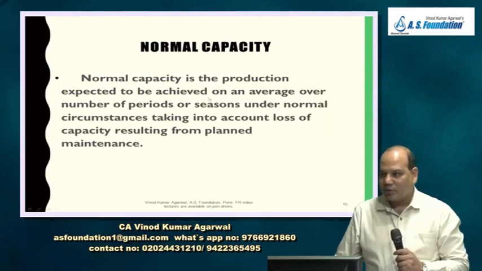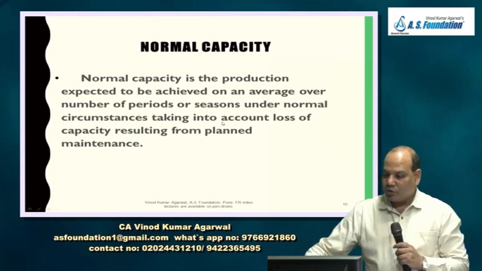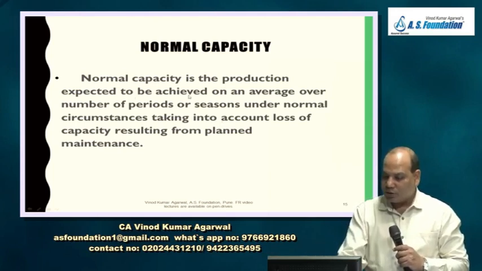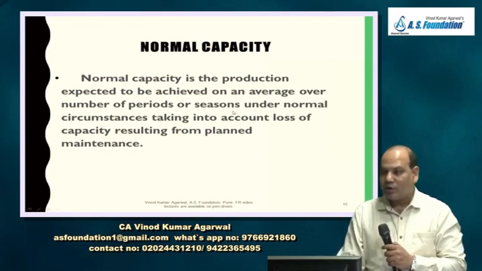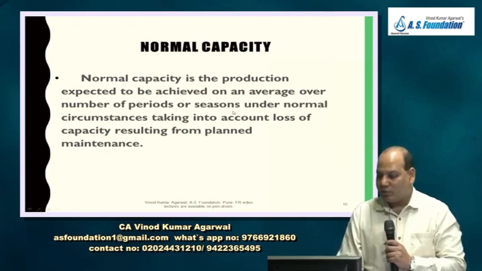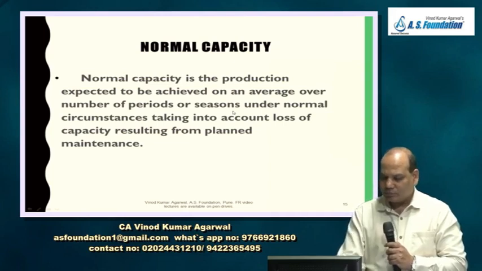Is it maximum capacity? No. Then what is normal capacity? Normal capacity is the production expected to be achieved on an average over a number of periods or seasons under normal circumstances, taking into account loss of capacity resulting from planned maintenance.